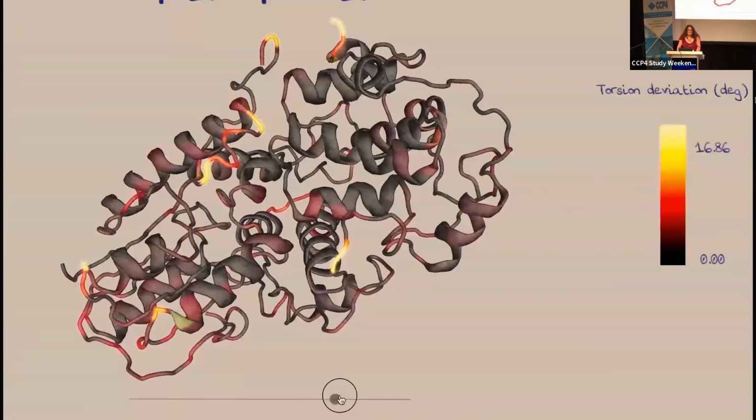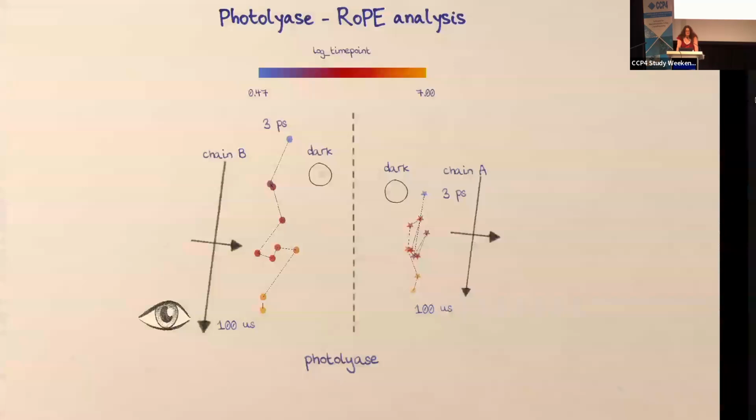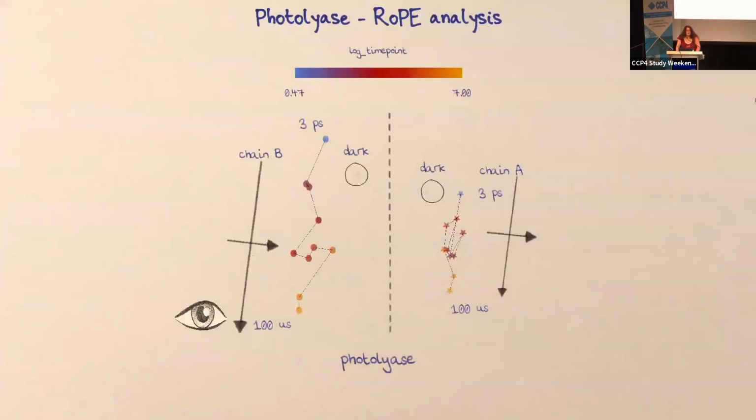And as you can see in the top left of this video, we have a rotation of a helix, and also throughout the rest of the protein, there are hinge points where the protein is moving more than others and actually controlling the motions which are happening in the rest of the protein structure. So this gives you a handle on what the rest of the protein is doing and where you may want to look in particular at the effect of mutations at those hinge points.